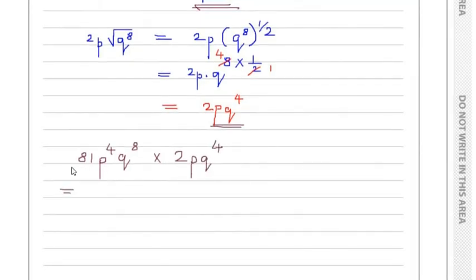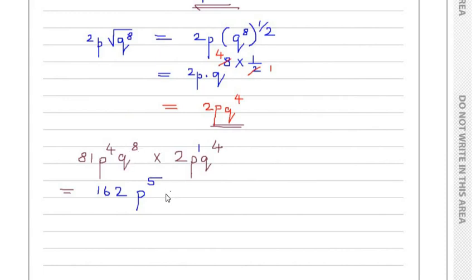Now here we are going to multiply the numbers first. So 81 times 2 gives us 162 and p⁴ times p¹. Whenever there is a multiplication and the bases are same, then we have to add the powers. So it becomes p to the power of 4 plus 1, which is 5.